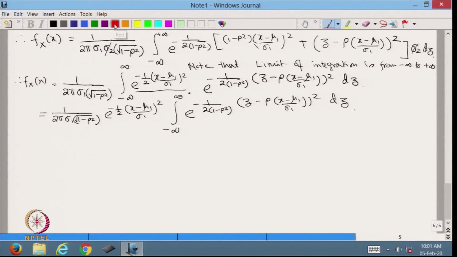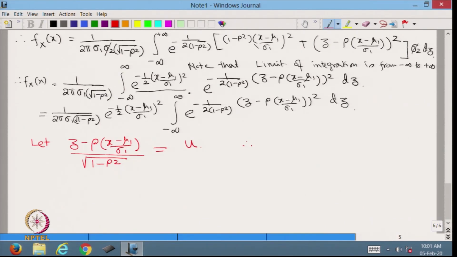Now, let us make another transformation. Let (z minus rho ((x minus mu 1) upon sigma 1)) upon root over 1 minus rho square is equal to u.